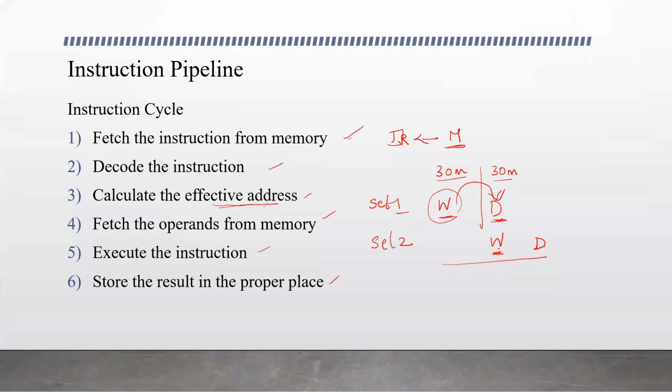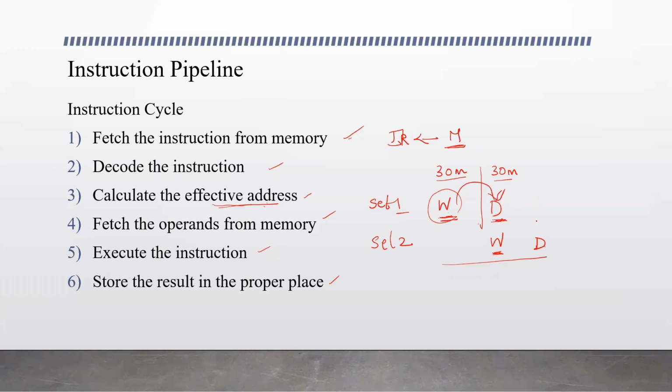Instead of waiting for the entire operation to be finished, we are utilizing the unit that is available. At the same time, when the dryer performs the drying of clothes, washing can be done for set 2, correct?